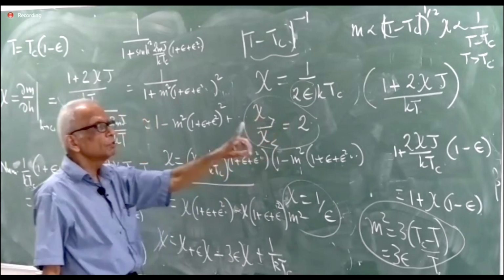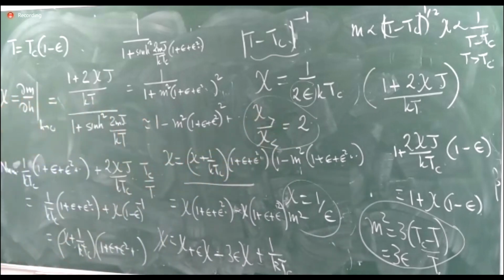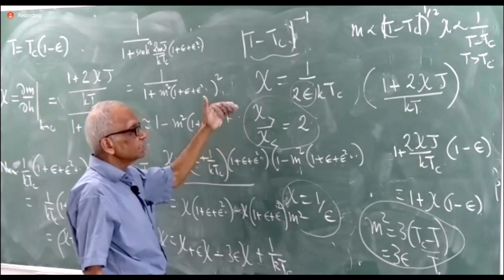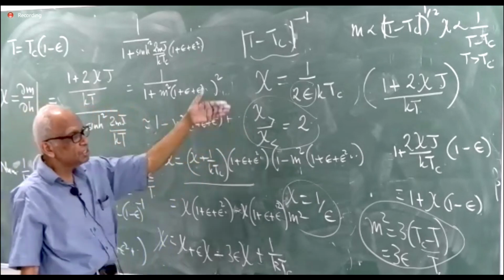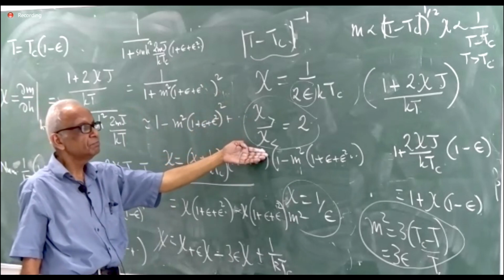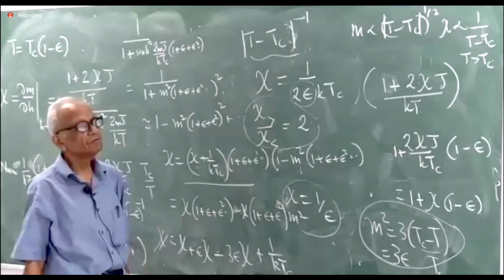This is what you don't have in the van der Waals gas. So this is why the Ising model has one interesting feature over and above the van der Waals gas, that if I look at the susceptibility very close to Tc, the susceptibility above divided by the susceptibility below is a universal number.